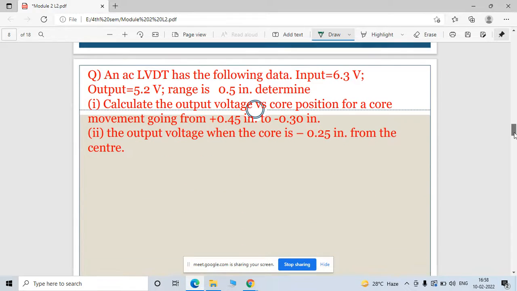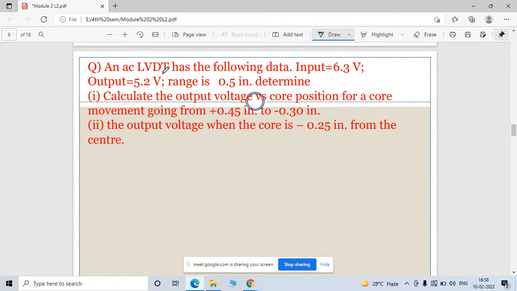Now the second thing, the second question is an AC LVDT. Okay, and the AC LVDT has the following data: input is 6.3 volt, output is 5.2 volt, and the range is plus minus 0.5 inch.